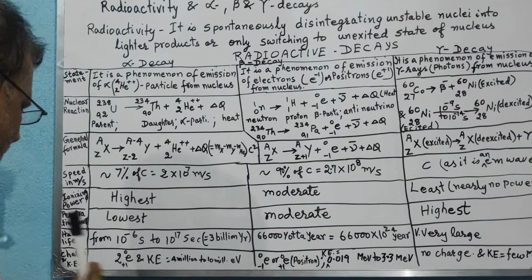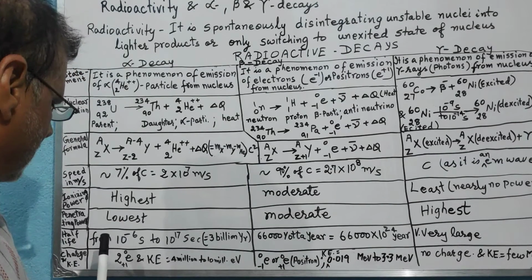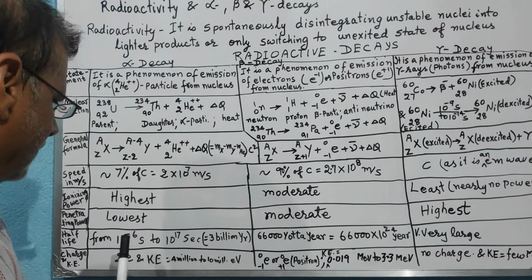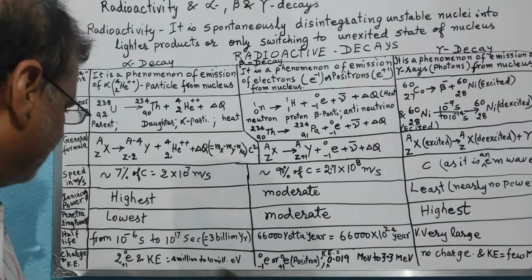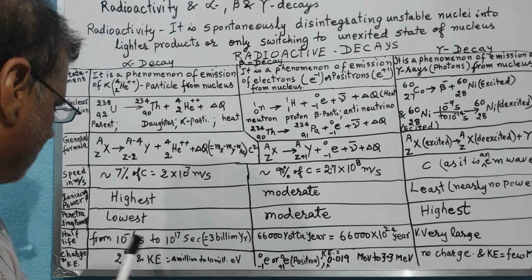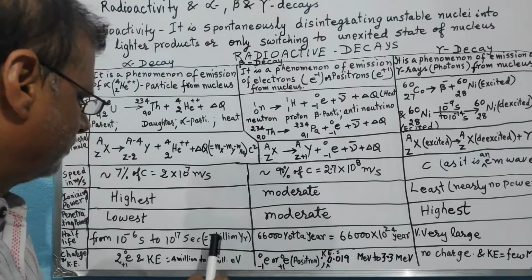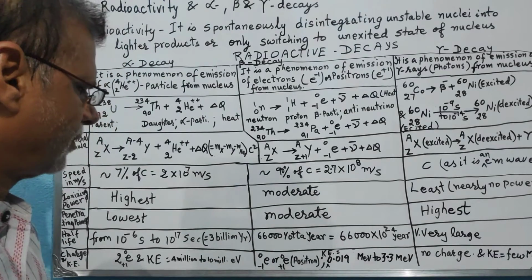Now we talk about half-life. Alpha particles have a half-life of the order of 10 to the power minus 6 seconds to 10 to the power 17 seconds, a few billion years.